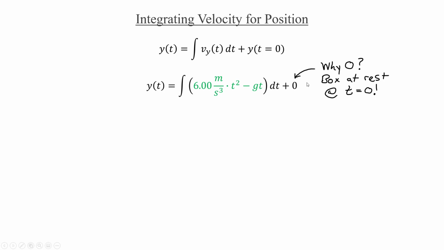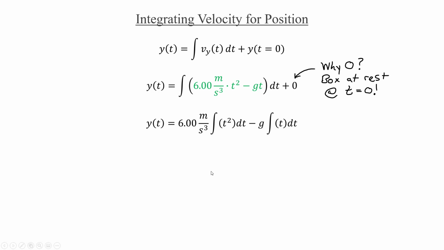And just as a reminder, why did we set this equal to 0? Because the box is at rest at t equal to 0. Everything is 0, so that makes things really easy. Similar to before, I'm going to break up this integral into 2 pieces so it's easier to digest, and that way you can clearly see we're taking the integral of t squared with respect to t and just t to the first power with respect to t.